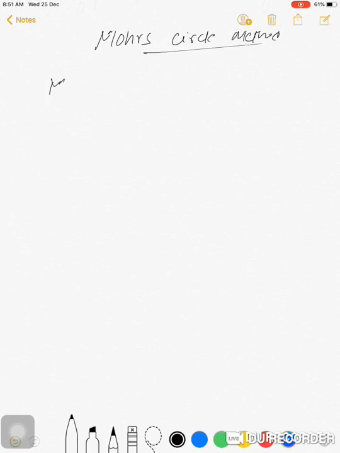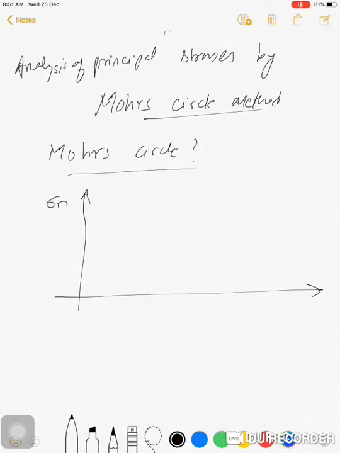Now what is Mohr's circle? Mohr's circle is a plot of shear stress here and normal stress here. It means that Mohr's circle is simply normal stress versus shear stress. Normal stress on abscissa and shear stress on ordinate, that is x-axis and y-axis respectively.